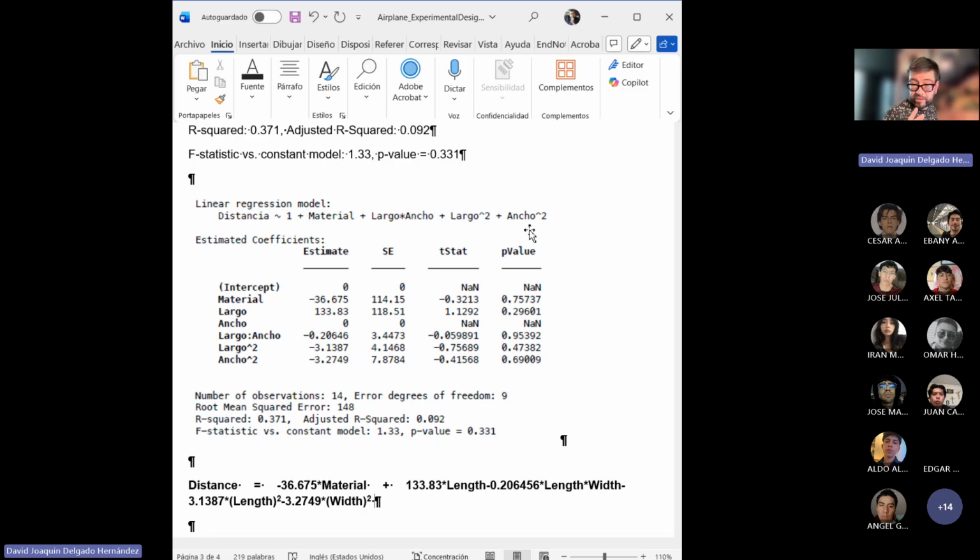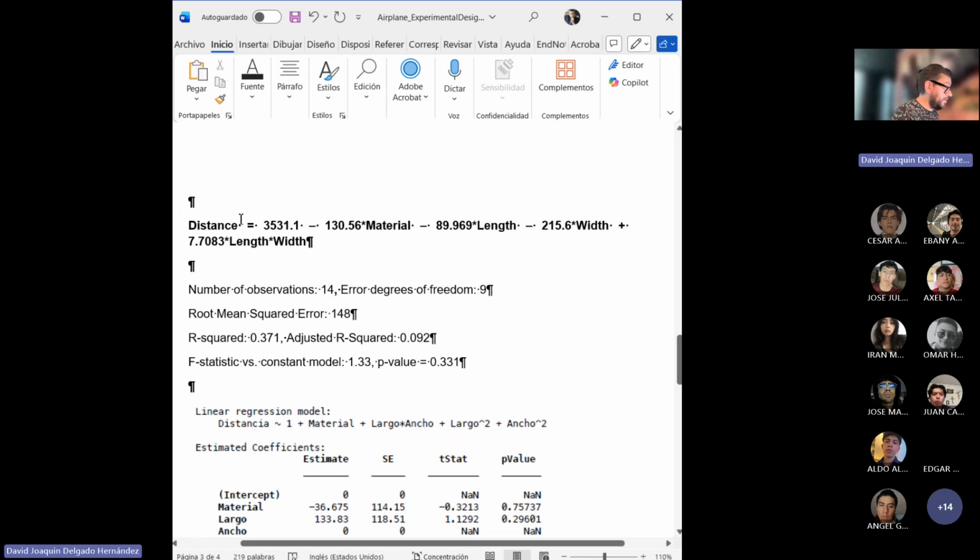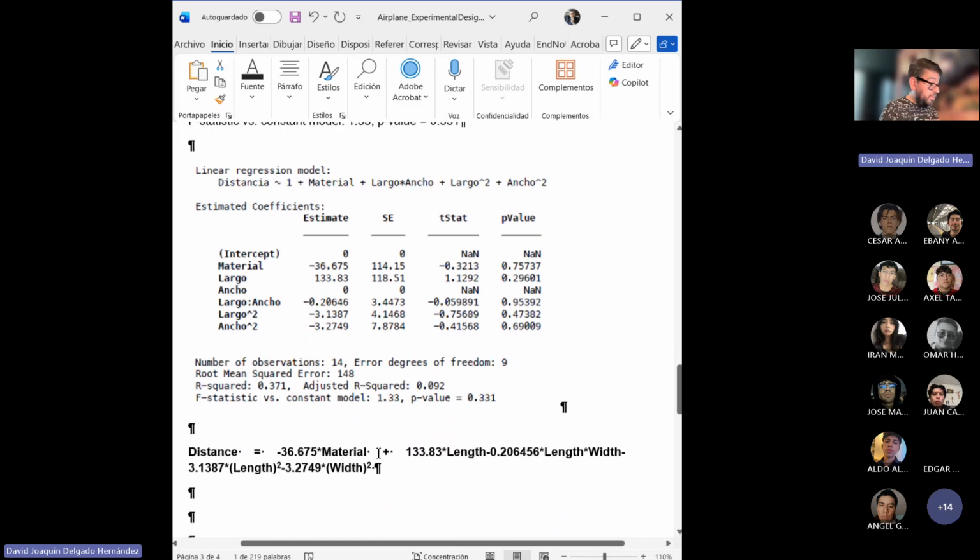Okay, this is a quadratic, and the other one was a linear model, the one that I put at the beginning. We could also develop a cubic model, which is to the third power, but now we are going to work with the quadratic model, the second power. Okay? Well, I am going to Excel.